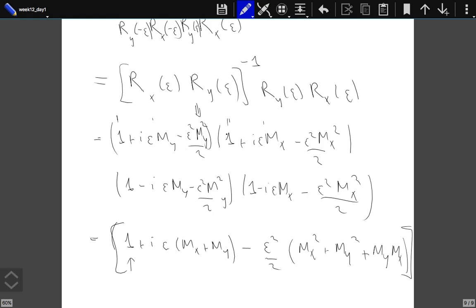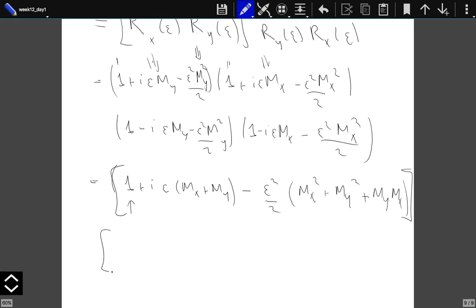In fact, let's look at how the expectation value of the Jx component changes under rotations around the z-axis. So it can be spin 1/2, but they can be any spin.